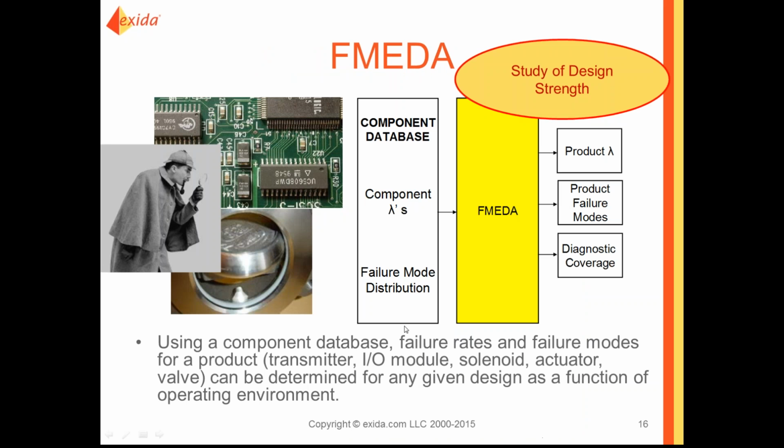The process is that there's a component database that lists, down to the level of, say, a resistor, an IC, a spring or an O-ring, the component type, and that will have the failure modes and the failure rates of those components. You basically go part by part, every part in the device, and build it up, asking if this failure occurs on this component, what impact will that have on the function of the device? By doing that, you can get product failure rates, product failure modes, and diagnostic coverage.